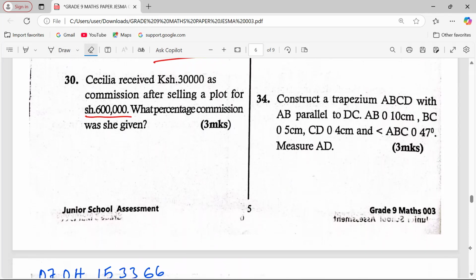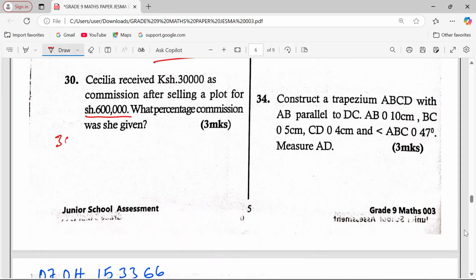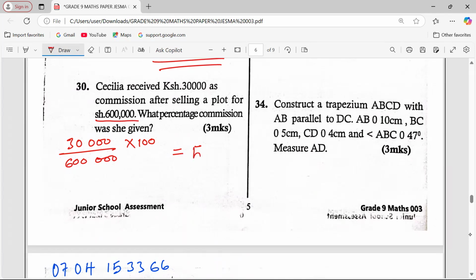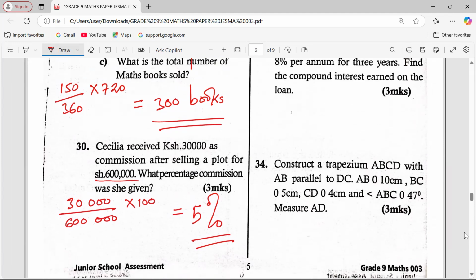Therefore, with that knowledge, this commission can be expressed as a percentage of the sales, whereby it will be 30,000 divided by 600,000. Then we make it a percentage. And this is exactly going to be 5%.